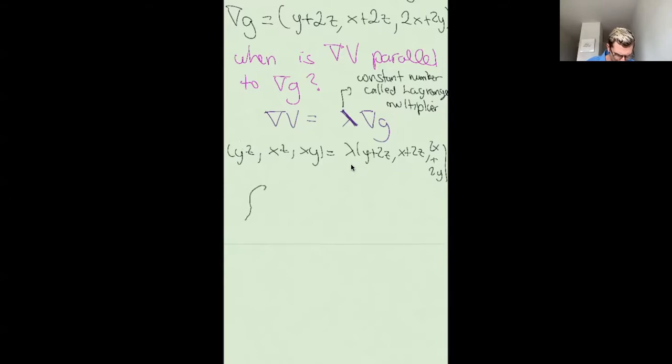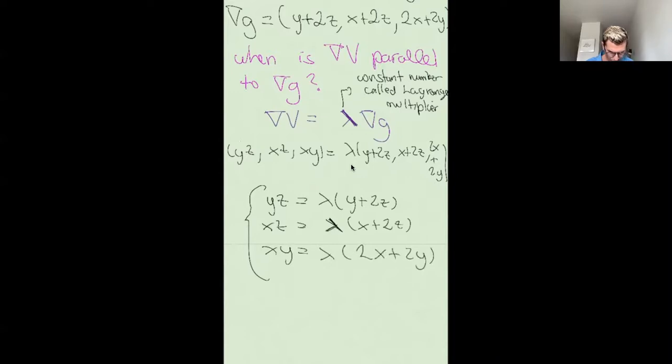So this means yz equals lambda times (y plus 2z), xz equals lambda times (x plus 2z), and xy equals lambda times (2x plus 2y).